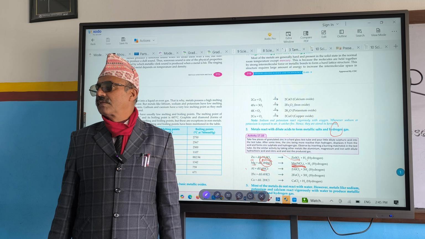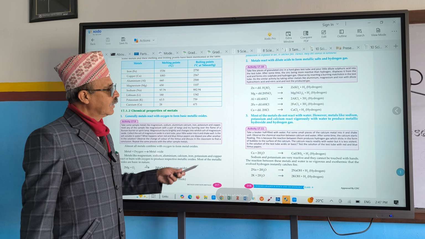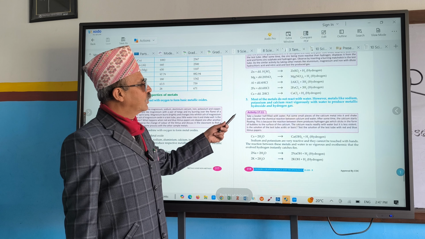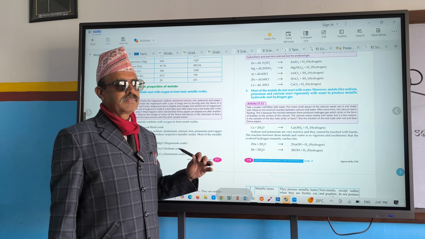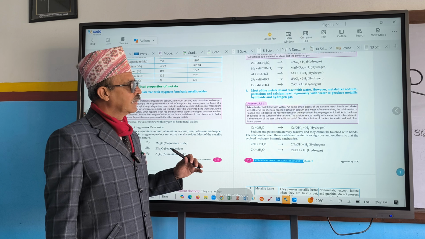For the third point, most metals do not react with water. However, metals like sodium, potassium and calcium react vigorously with water to produce metallic hydroxide and hydrogen. Other metals don't react with water, but which three metals?